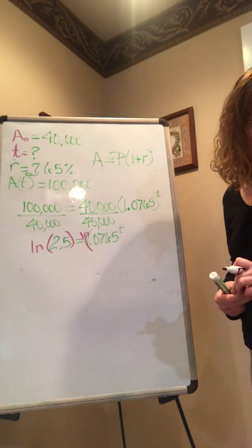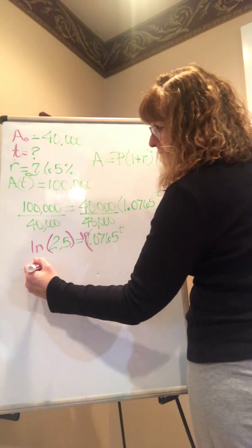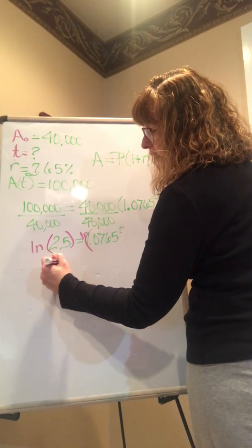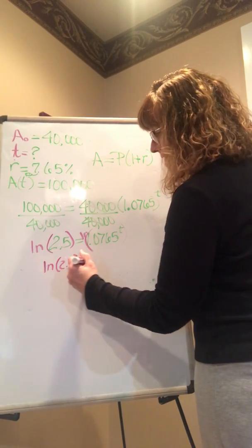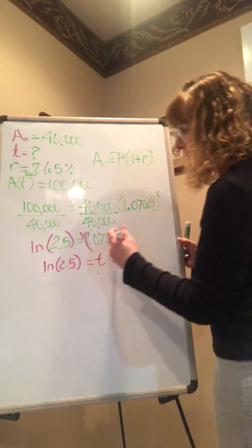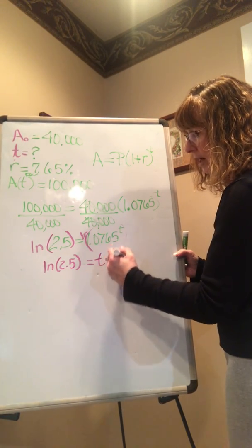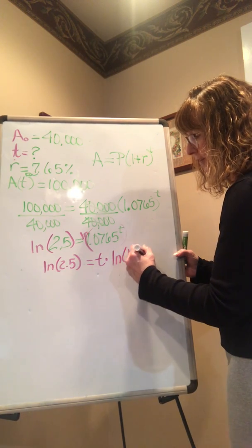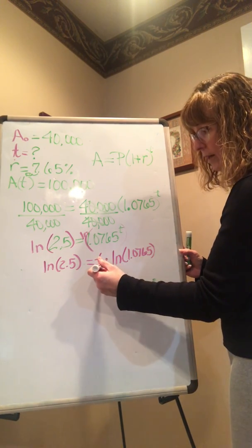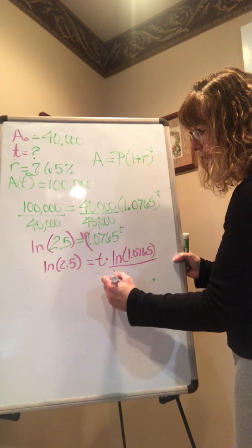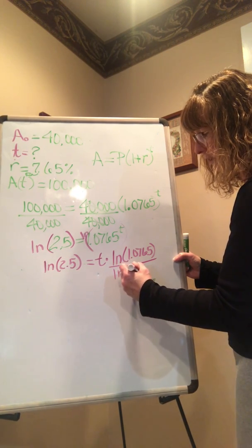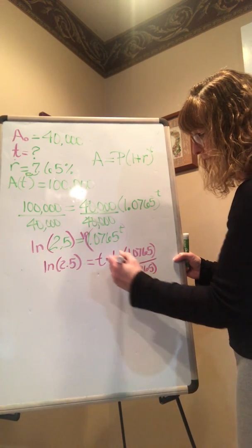And if I leave this, I would get natural log of 2.5 is now equal to t, power rule, exponent comes down in front, the natural log of 1.0765. I want to know what the time is. I'm going to divide out the natural log of 1.0765.